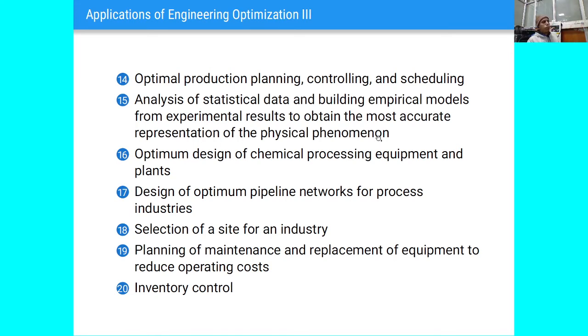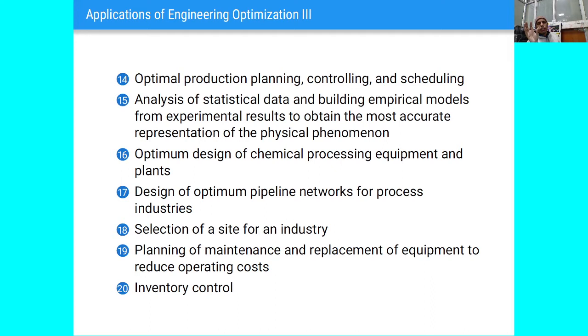So you might be doing your BTech project, or some summer internship at a certain industry, or inside the college, or inside the laboratory. Whenever you are doing a certain experiment, you wish to obtain the best result, or the desired result.